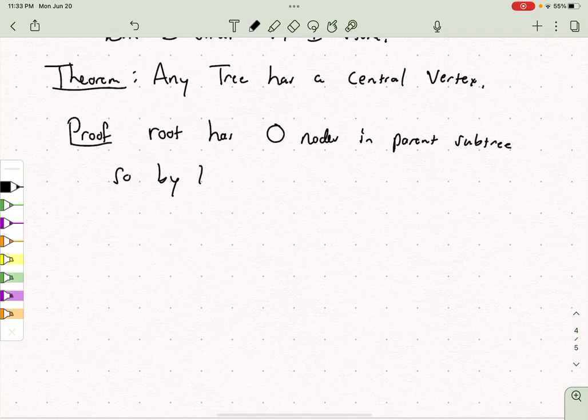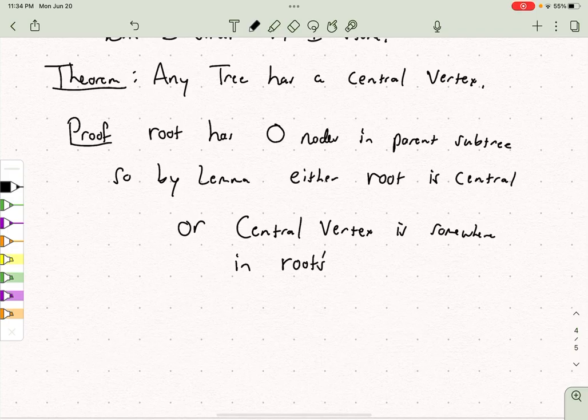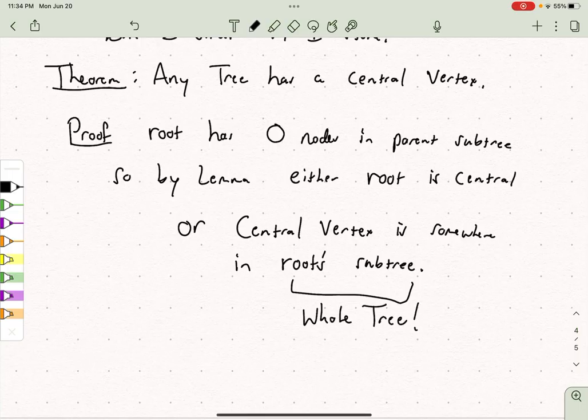So by the lemma, either the root is central or the central vertex is somewhere in the root subtree. But the root subtree is the whole tree.